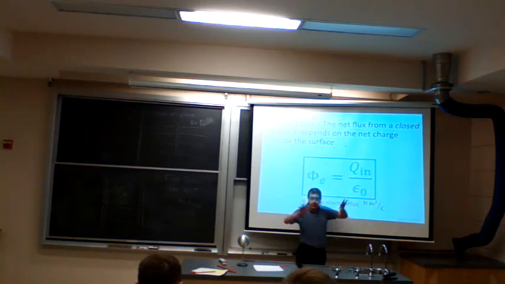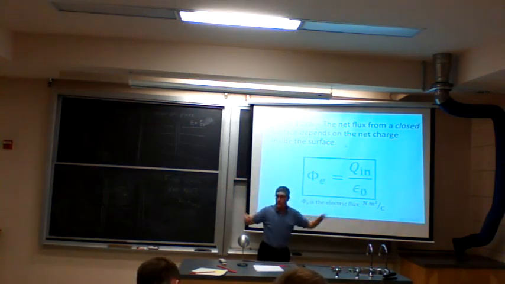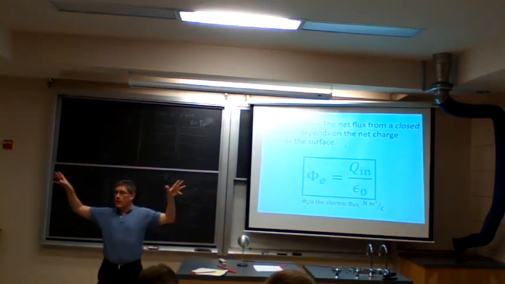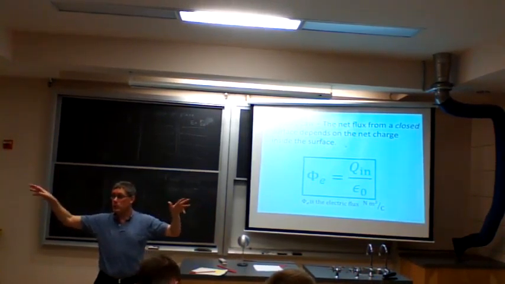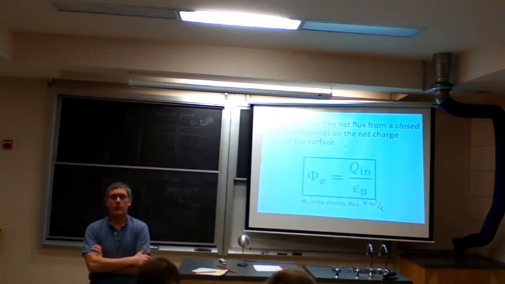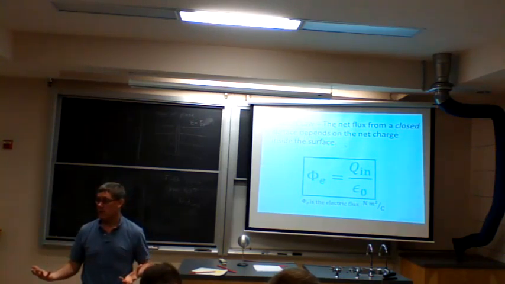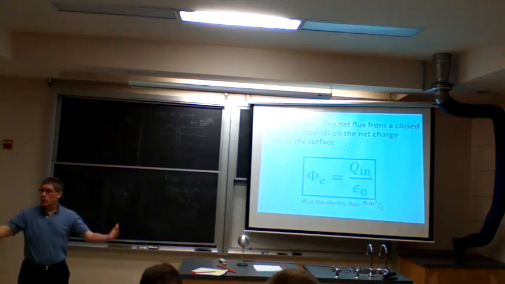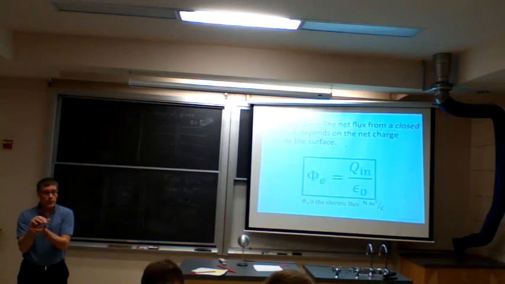That'll tell us something about the number of field lines that come out. But we need to understand what this net number of field lines coming out is. We're going to call that net number of field lines coming out the flux. And if we know the flux from an enclosed surface, then we'll know what the net charge is.